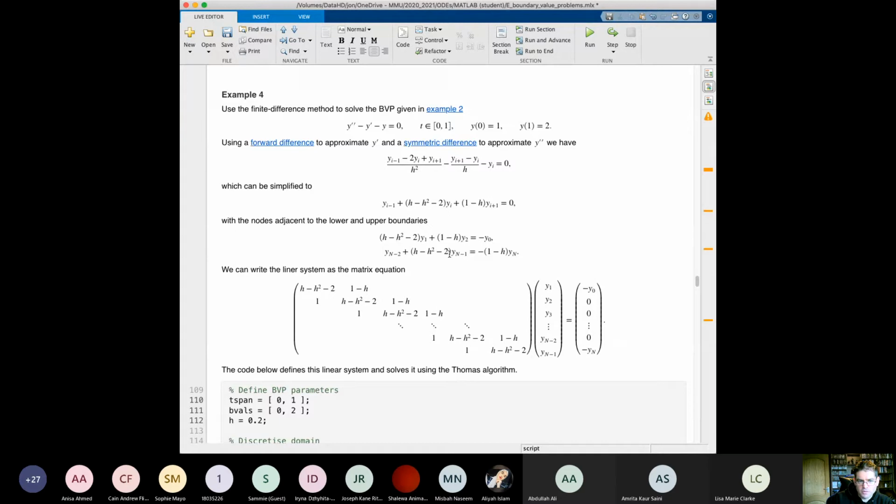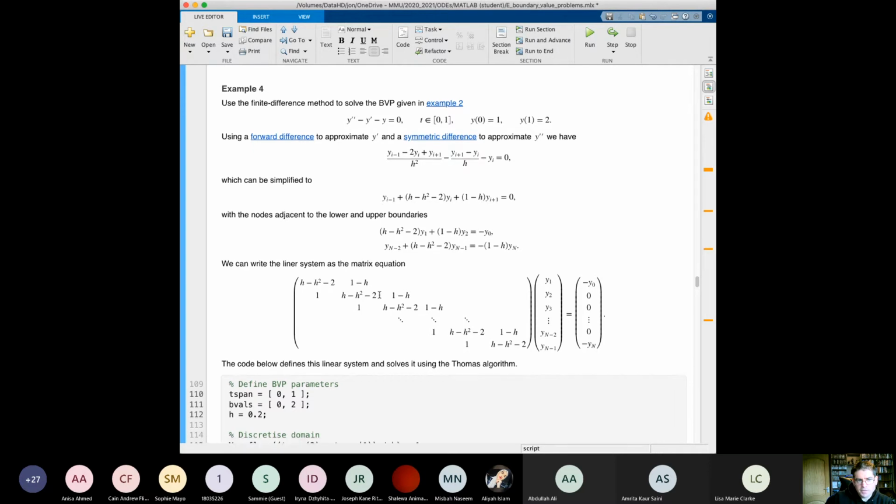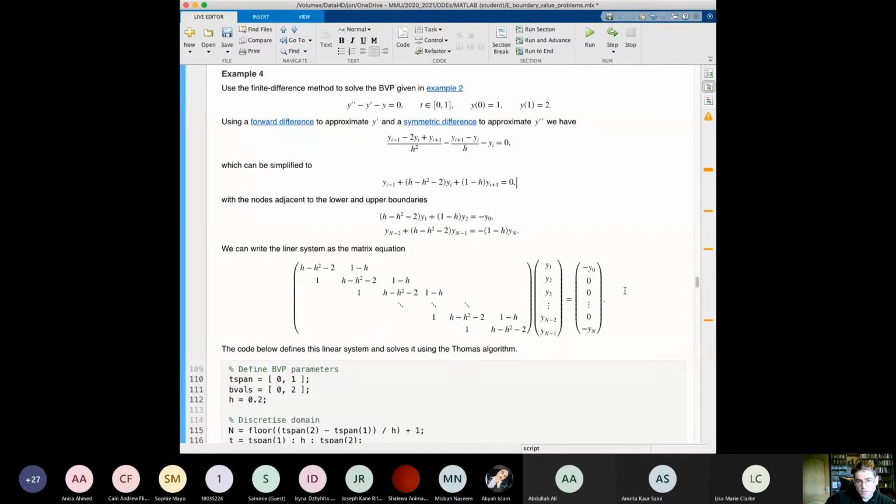So for the node y1, we know what y0 is, so that y_{i-1} is taken over to the right hand side. And similarly at the upper bound, we know what y_n would be, so we have y1 plus h times y_n, we subtract that from both sides. So this gives us this matrix equation.